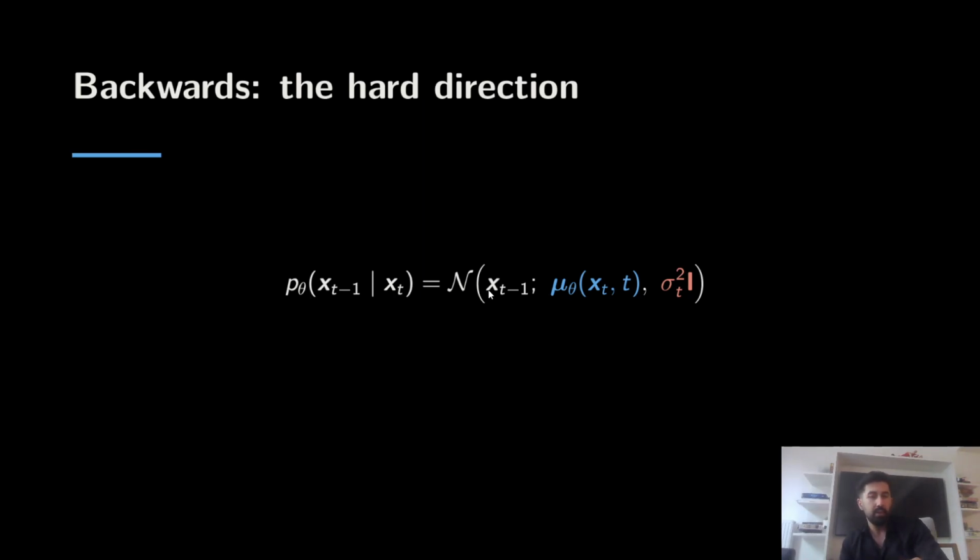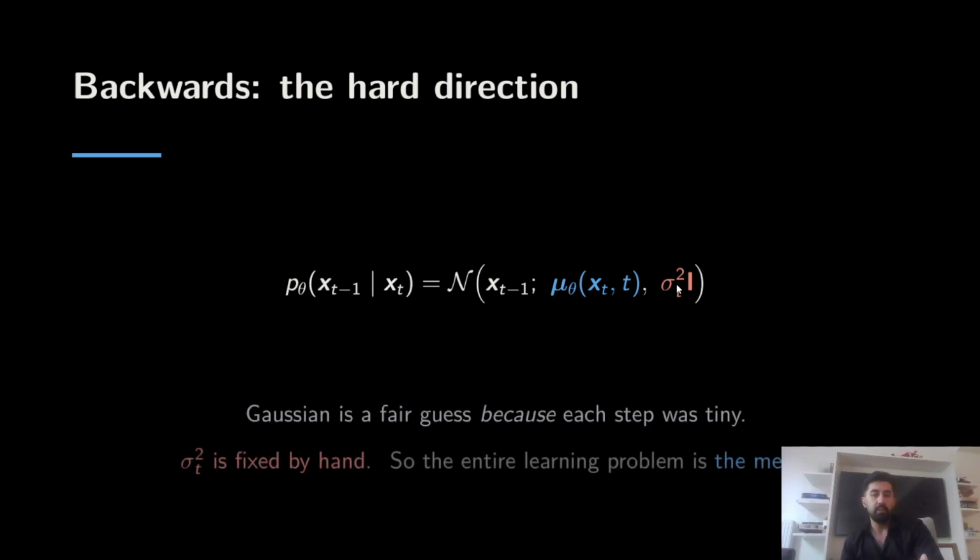We're trying to approximate a normal distribution with mean mu theta and standard deviation sigma. By design, the variance sigma squared is fixed. The entire learning problem is just learning the mean, which will be estimated later in the video with a neural network that takes as input the time step t and the image xt.